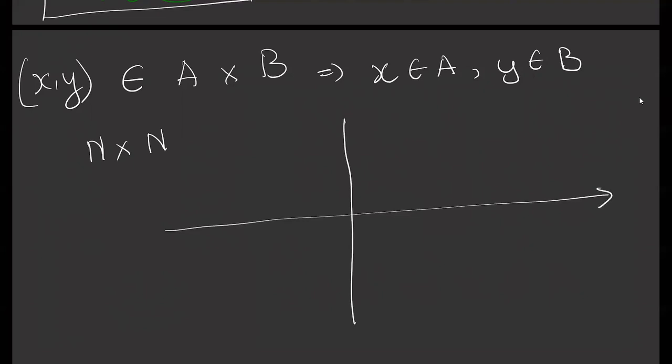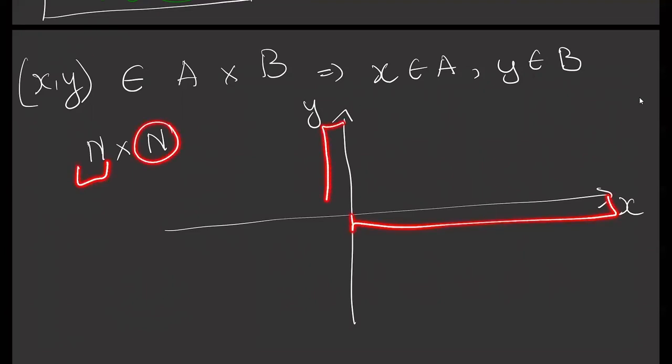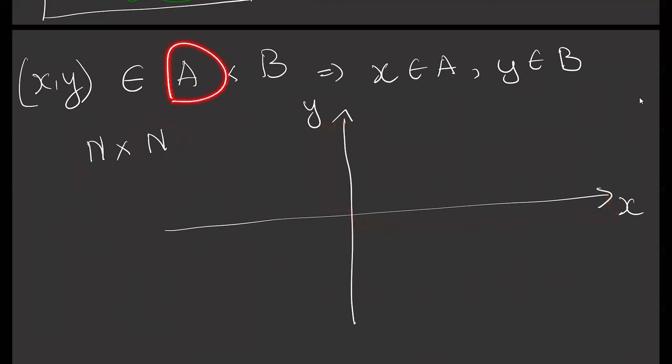The first thing you have to remember is that this set will be on the x-axis and this set will be on the y-axis. So the set in position A will be drawn on the x-axis and the set in position B will be drawn on the y-axis.